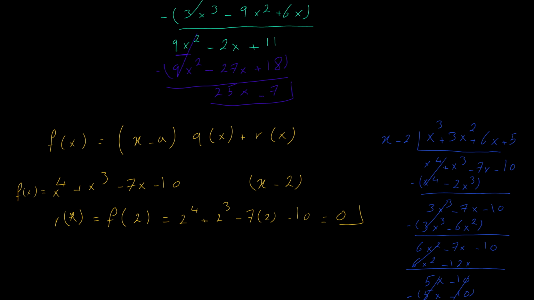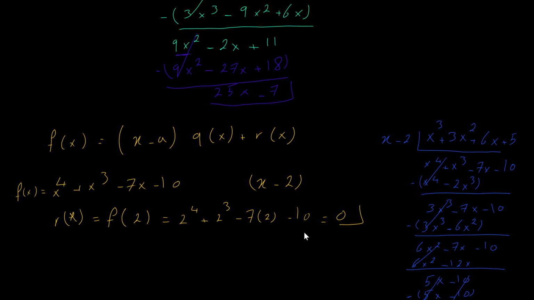The remainder is 0. So that, the long division, we got the remainder 0. We knew that x minus 2, that's the divisor, and we are doing the division by that. So 2 is a factor. We put the 2 in the function, and we got the remainder equal to 0.